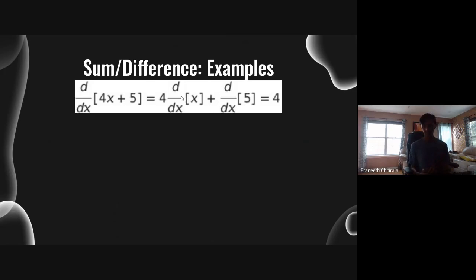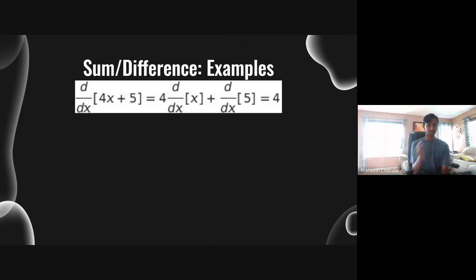And the derivative of 4x is just 4 times the derivative of x, because 4 is a constant. You can just move that to the beginning of the derivative and you'll get this. So notice that the derivative of a constant is 0 and the derivative of x is 1. So 4 times 1 plus 0 is 4. And that's the derivative of this whole function.